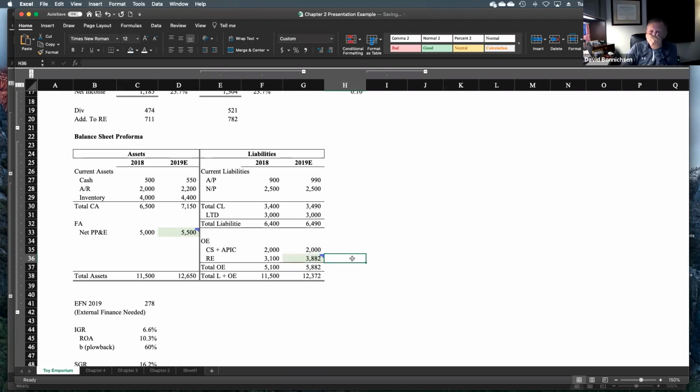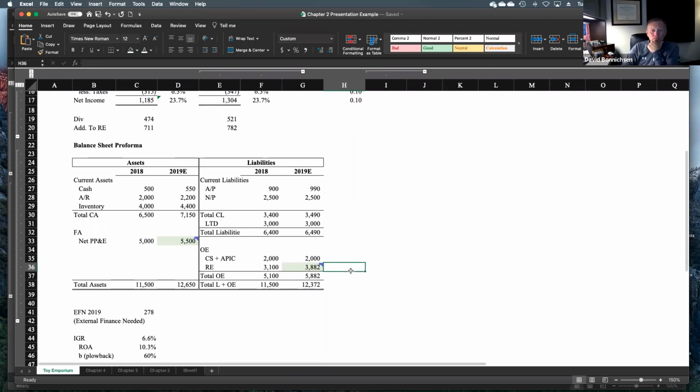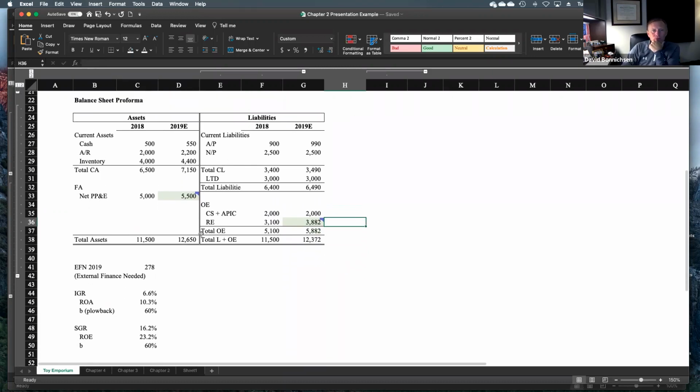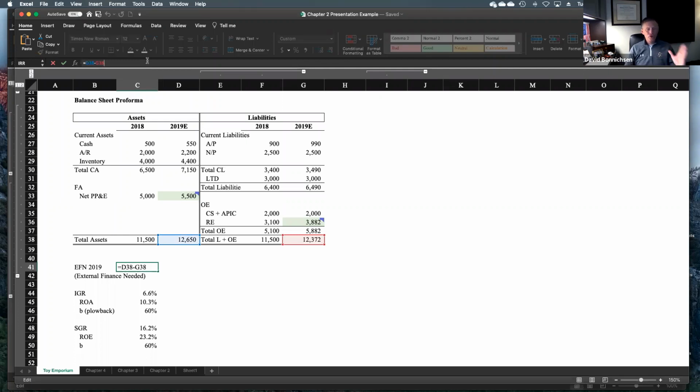Now, we're still out of balance, right? Everybody see that? So our 2019 assets don't equal our 2019 liabilities and equity, right? So we call this difference the external financing needed, or EFN, okay? And it is the difference between the projected assets and the projected liabilities and equity.